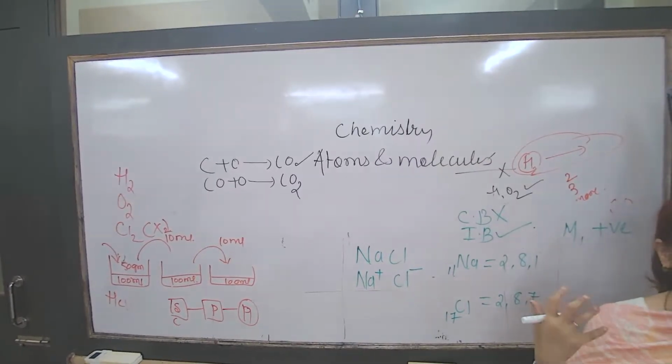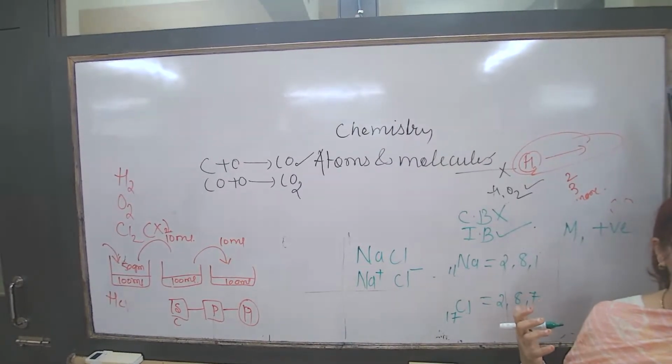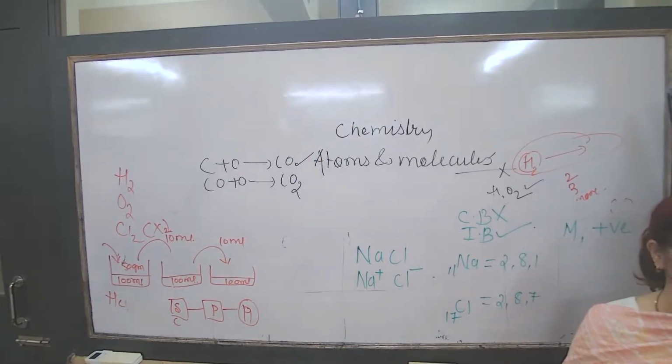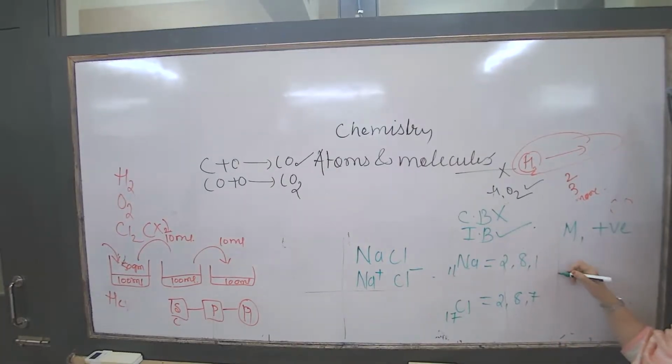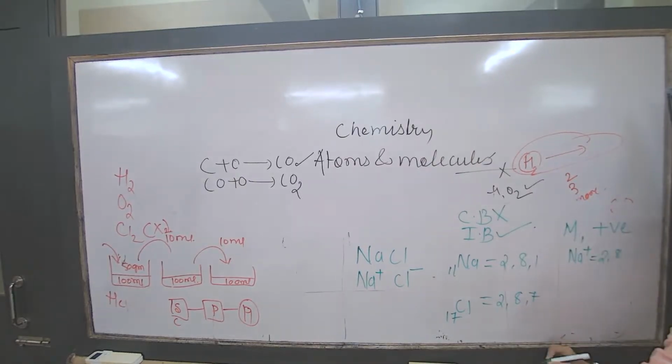Electropositive means they are always donating the electron. So on giving the electron, it will be converted into Na positive with electronic configuration 2, 8.